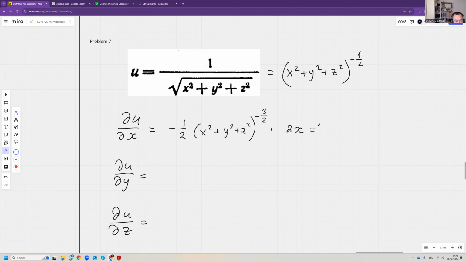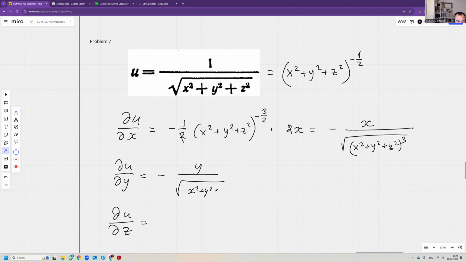Can we make it prettier? Well, we can cancel the 2, so it's minus x divided by the square root of (x² + y² + z²) cubed. In a similar way, this is minus y over the square root of (x² + y² + z²) cubed. And the same for z, it's minus z over the square root of (x² + y² + z²) cubed, just from the point of view of symmetry.